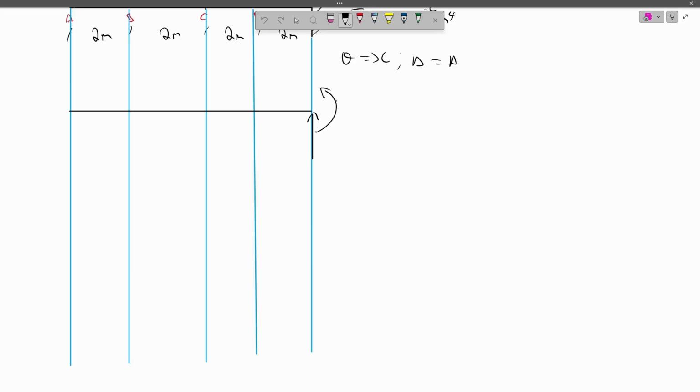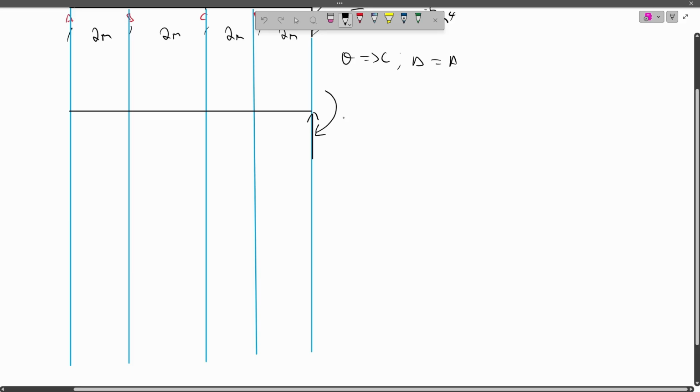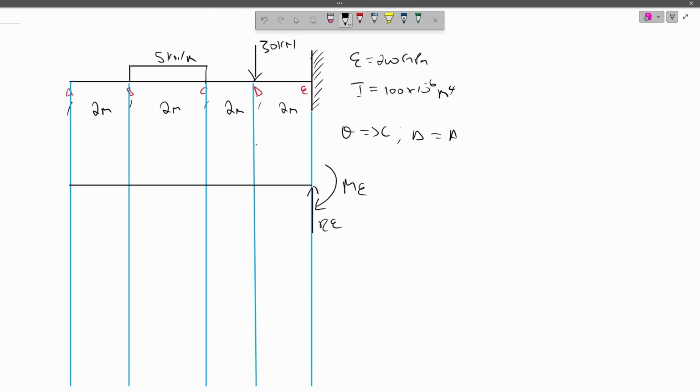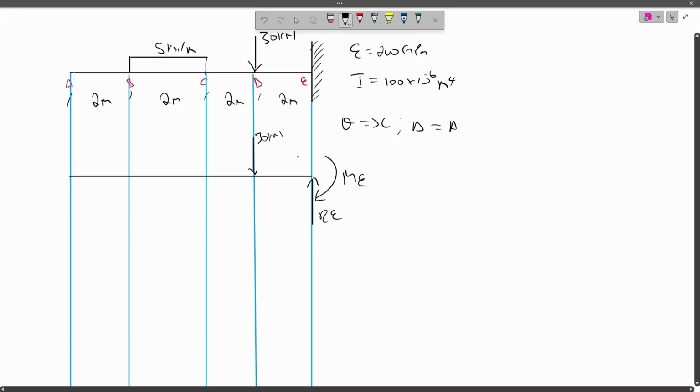Let me change the direction for a moment. Then we'll have our point load of 30 kilonewton.